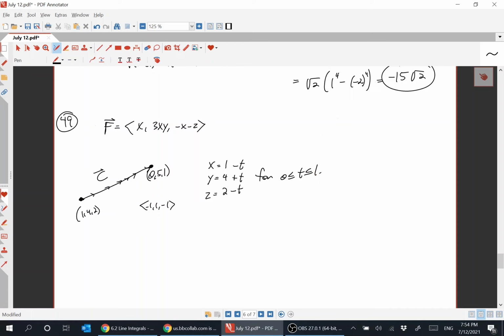Standard way to parameterize a line segment: the tail point plus t times that slope vector for t going from 0 to 1. The slope vector has its tail at this point and its head at the end point.